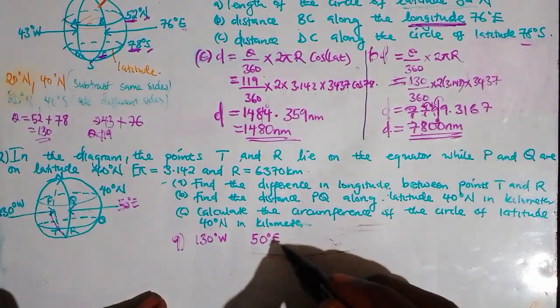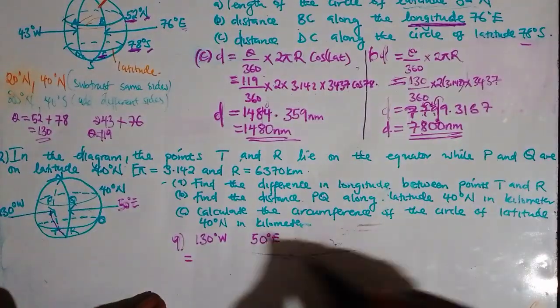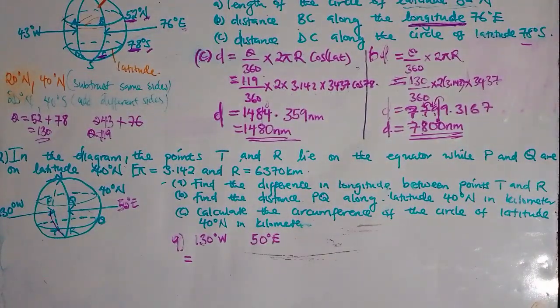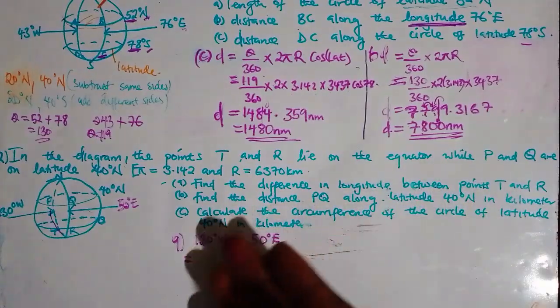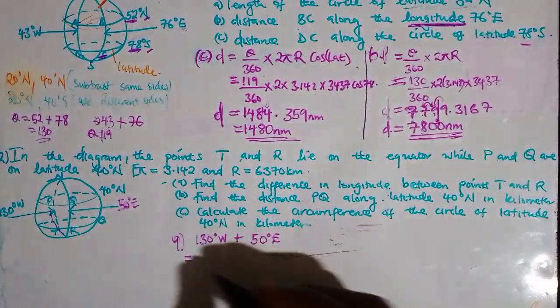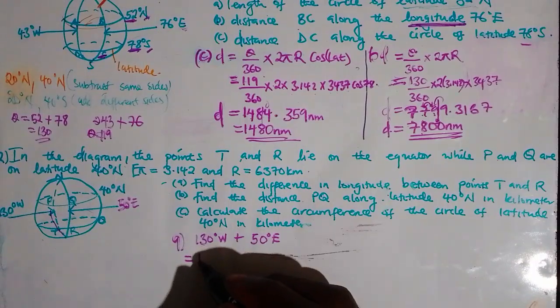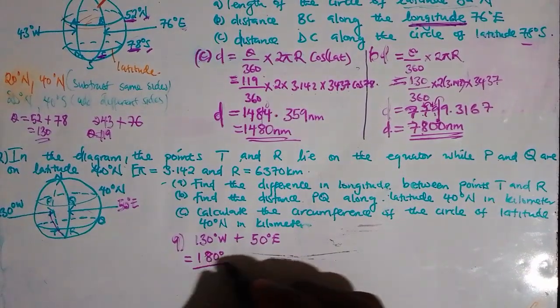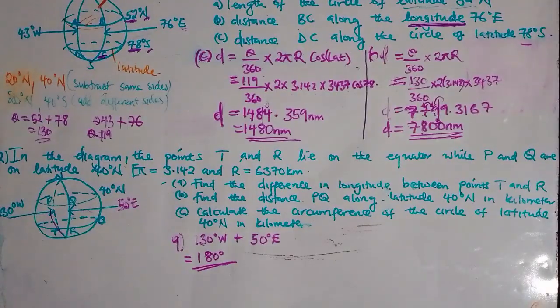Yeah. So what is the sign we should put here? The sign here will be determined by the side. We have west and east, so we are supposed to add: 130 plus 50, you have 180 degrees as our difference. You have solved your A, 2 marks.